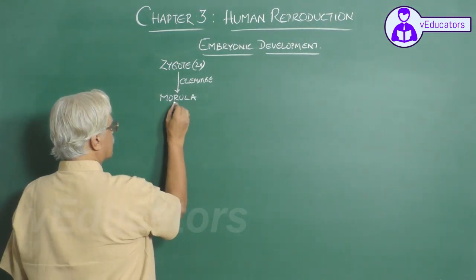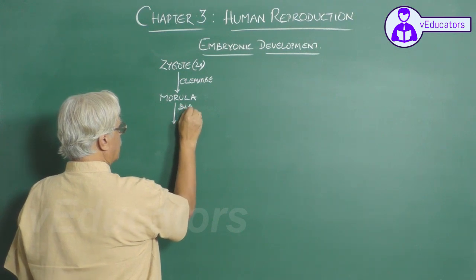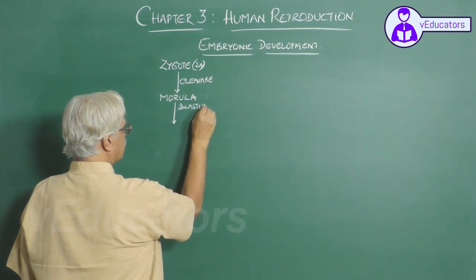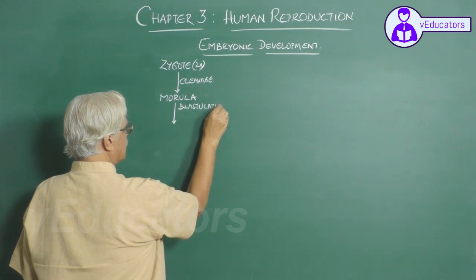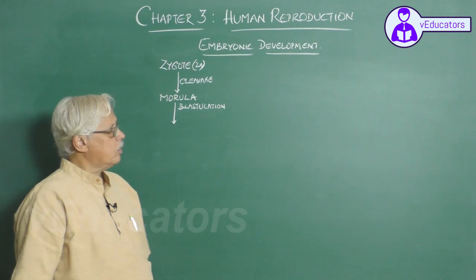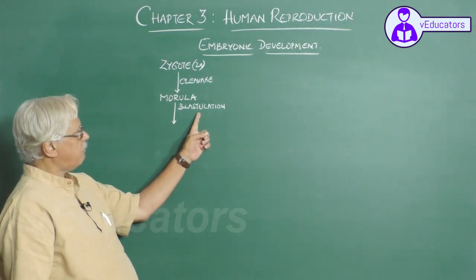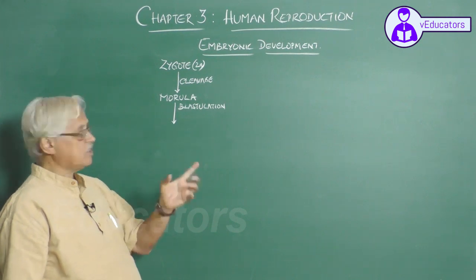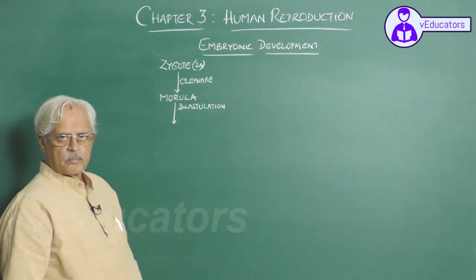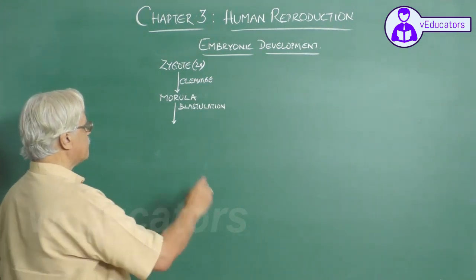Morula now undergoes a process called blastulation. Blastulation primarily involves the formation of a cavity inside the embryo and the cells forming a single layer around the cavity.